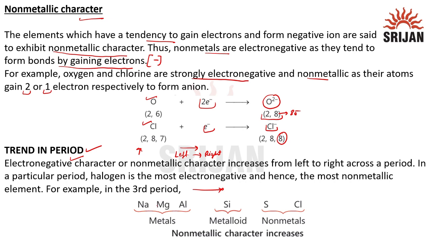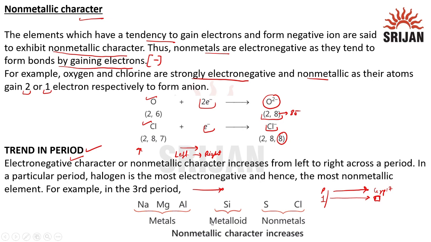That means when we move from the first element of a period to the element in group 17 of the same period, the non-metallic character increases from left to right, right?